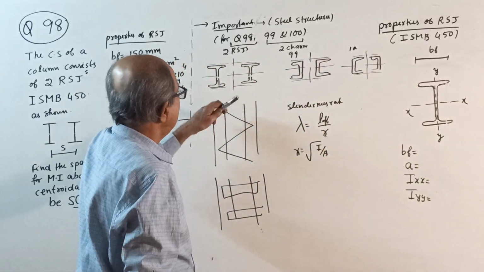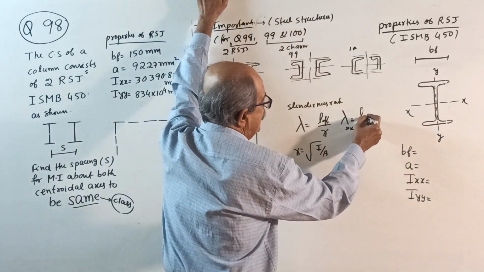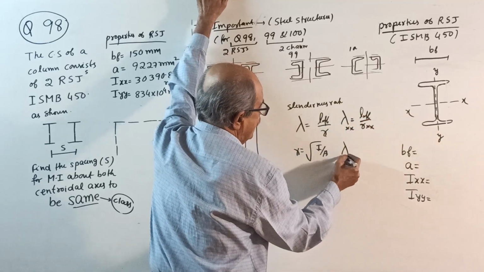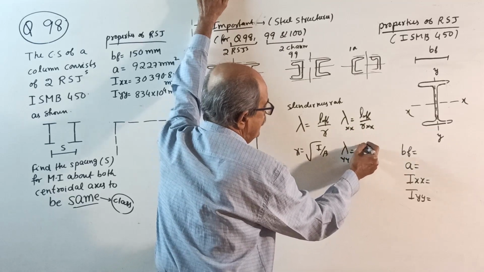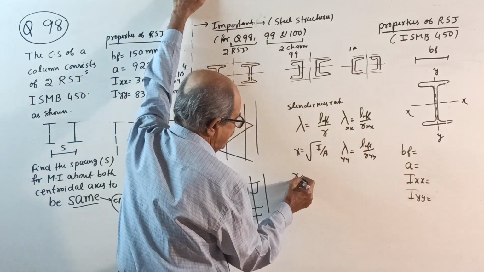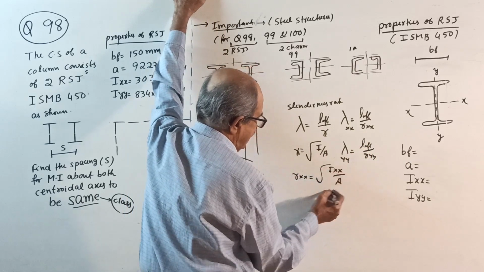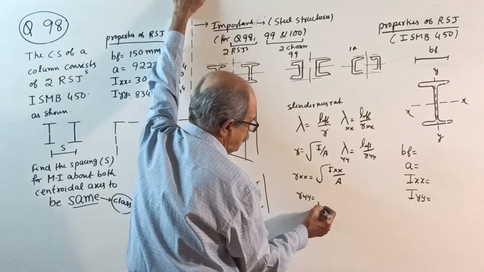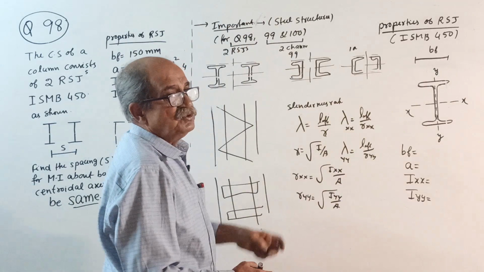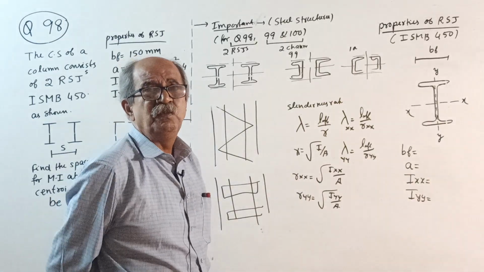Lambda with respect to XX axis equals L effective by r about XX, and lambda with respect to YY axis is L effective by rYY. Again, rXX equal to root of IXX divided by A, rYY equal to root of IYY divided by A. So there we want slenderness ratio to be the same with respect to both axes.